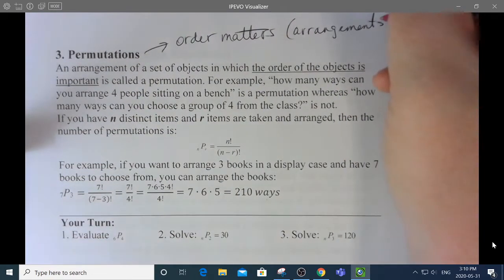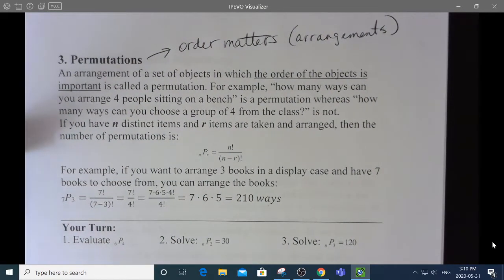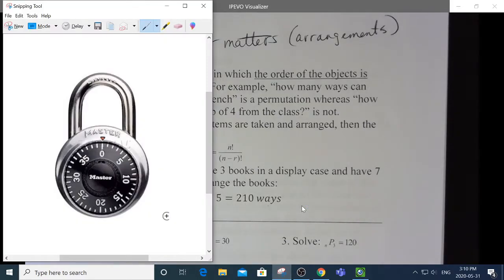Okay? And this is where I get to, like I said a minute ago, the thing about the education system that has bothered me the most ever since I was in high school. Why do we call this a combination lock? It is not. It should be called a permutation lock.